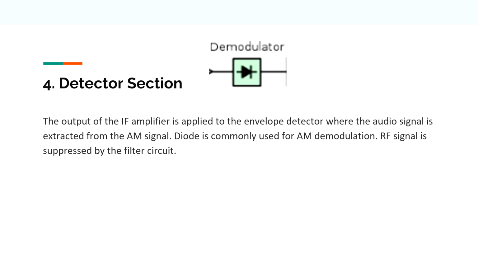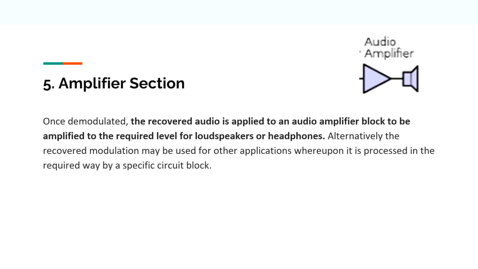Then after that it goes through the detector section, where the output of the IF amplifier is applied to the envelope detector, where the audio signal is extracted from the AM signal, and a diode is commonly used for AM demodulation. The RF signal is suppressed by the filter circuit.